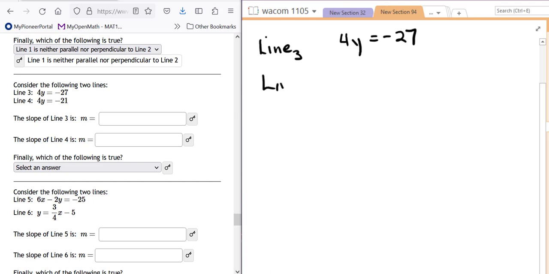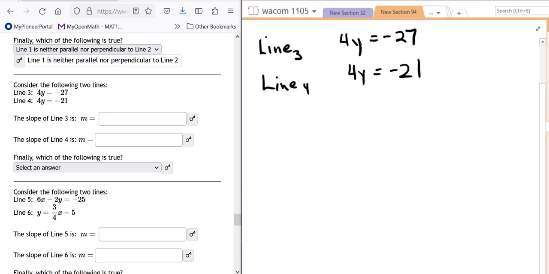And we have line 4, 4y equals -21. Right? With both of these, there is no x, which means that they are going to be special lines. They're y equals something. That is a horizontal line.